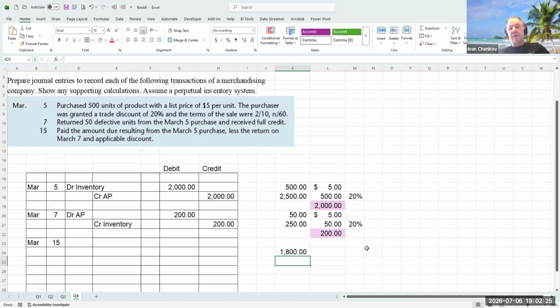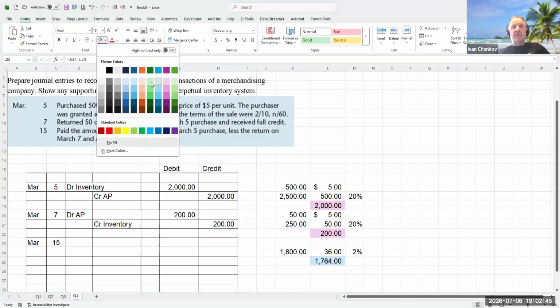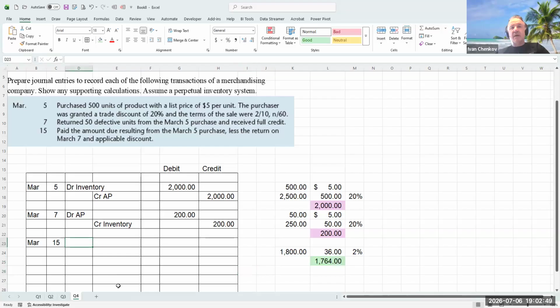So we pay $1,800. We're going to take the 2%, and the 2% is going to give us a reduction of $36. In total, our cash has to be $1,764. That's how much we're going to pay.